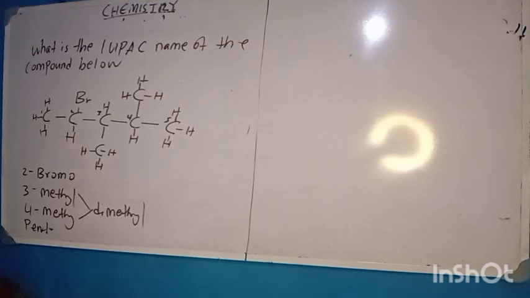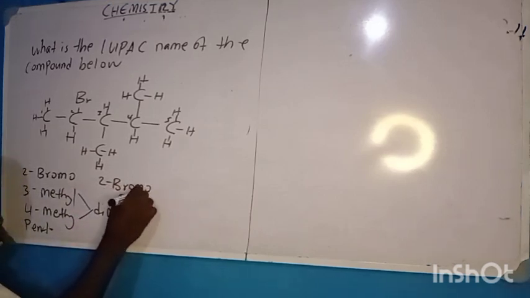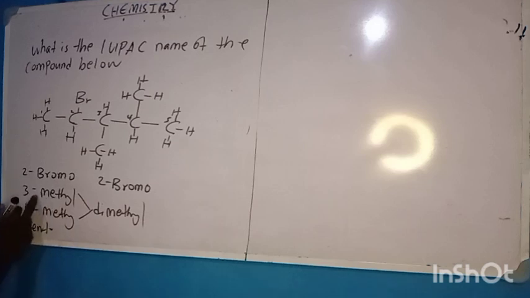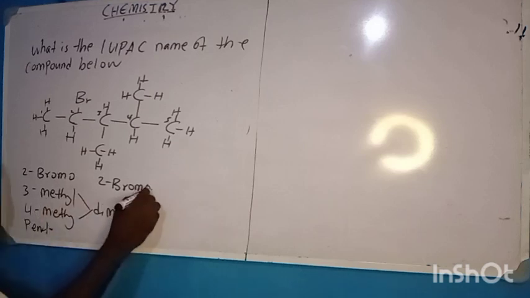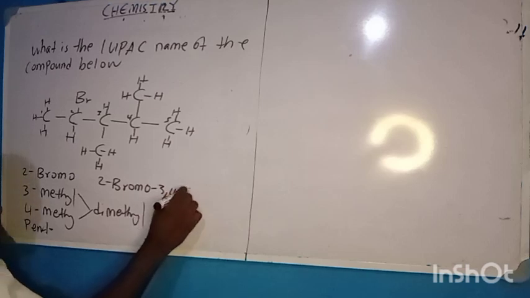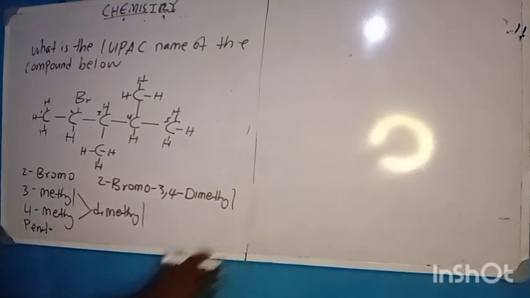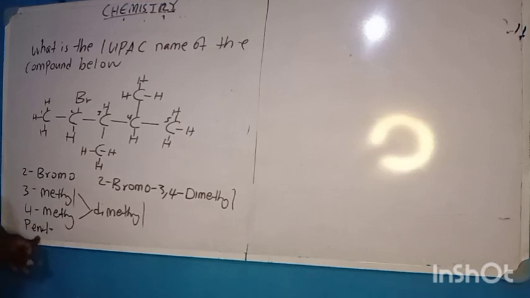Bromine, you know, is one of the group 7 elements, so we call them halogens. So this is going to be 2-bromo. Then secondly, you make use of the methyl, which is 3,4-dimethyl. Then you end with pent.